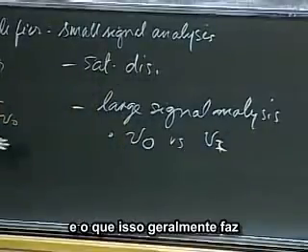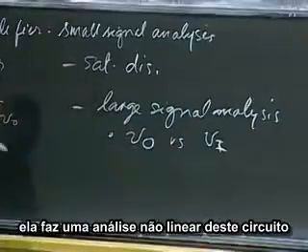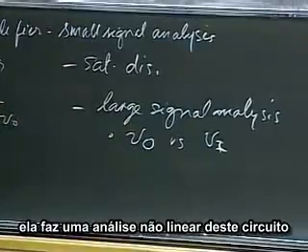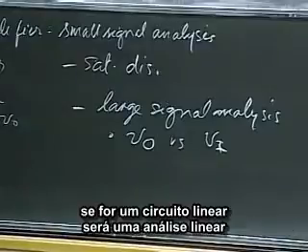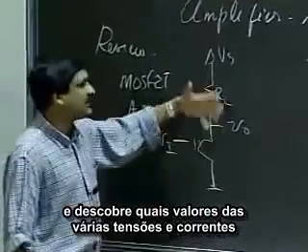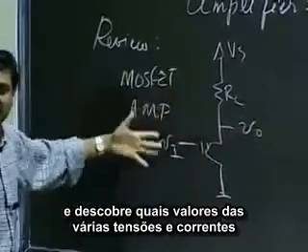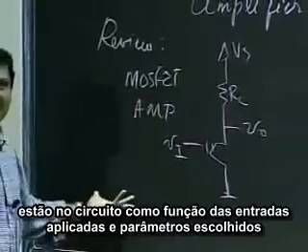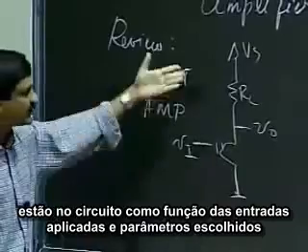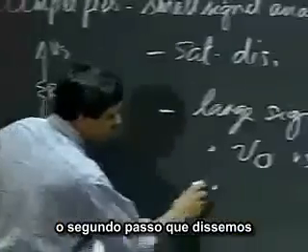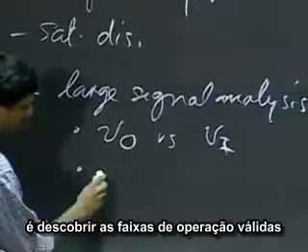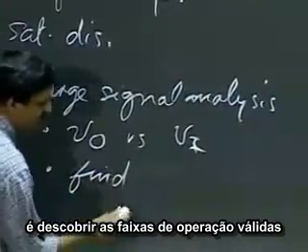And what this usually does is that it does an analysis, a nonlinear analysis of this circuit. If it's a linear circuit, it's a linear analysis, and figures out what the values of the various voltages and currents are in the circuit as a function of the applied inputs and chosen parameters. And the second step, we said, was to figure out valid operating ranges.